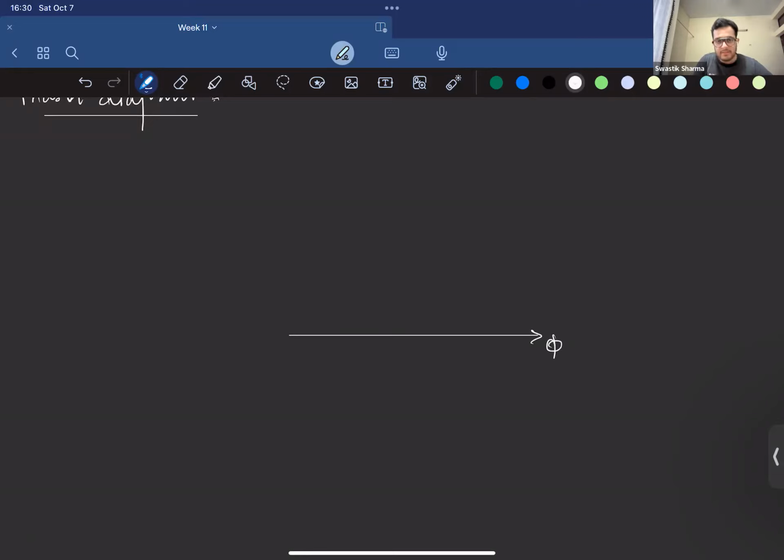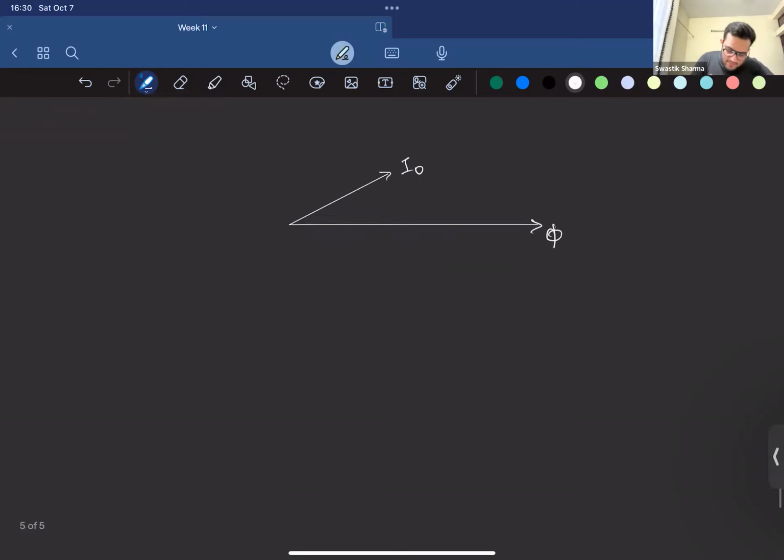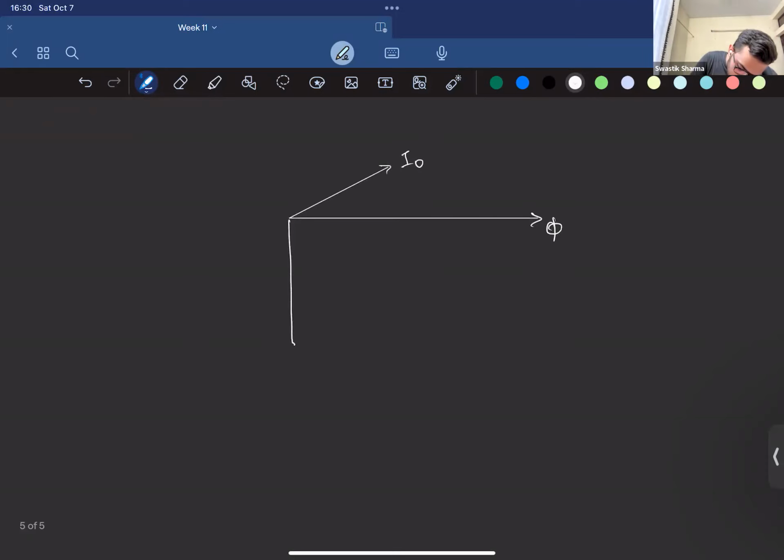Now I naught is the one that's helping set up this flux, right? We know it isn't in phase with the flux. And we also know that E2 will always be lagging the flux by 90 degrees.